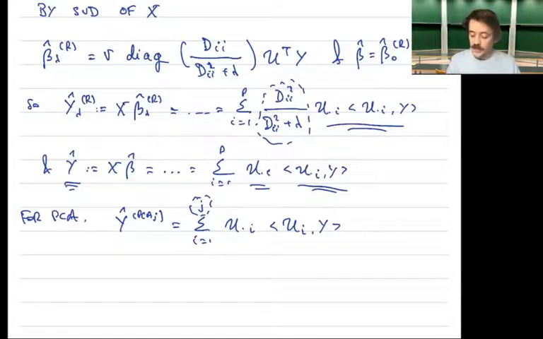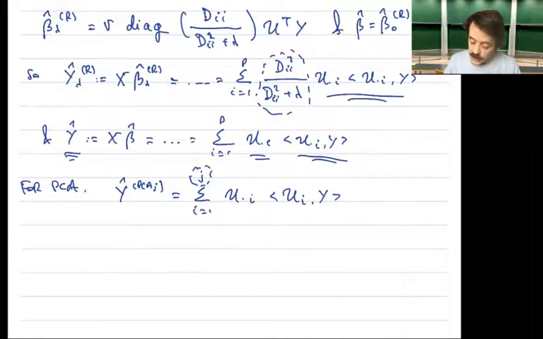So it could well be that the Y is not very well aligned with the column space of the design matrix, in which case this PCA, and by extension, and we have a bit of a leap of faith here, but it's actually true, we would need to prove it, by extension, ridge will also suffer from the fact that if the Y is not very well aligned with the column space of the design matrix, as in its variability is not with the variability of the capital X, then ridge is not going to be very good, and the other way around. So if it is well aligned, then it is going to be good. So this is what the following theorem says.